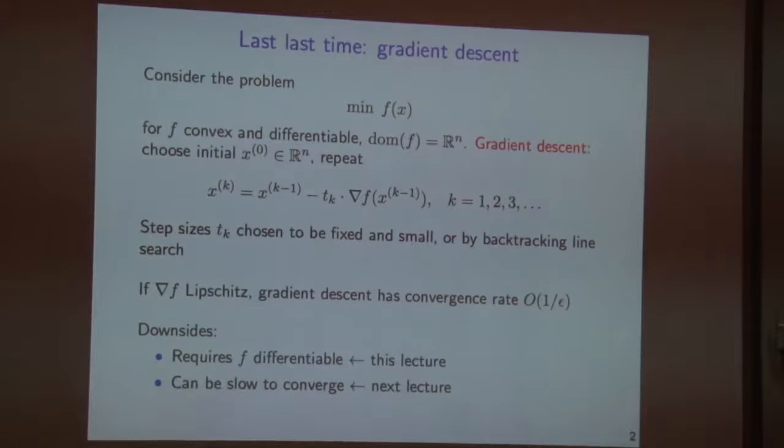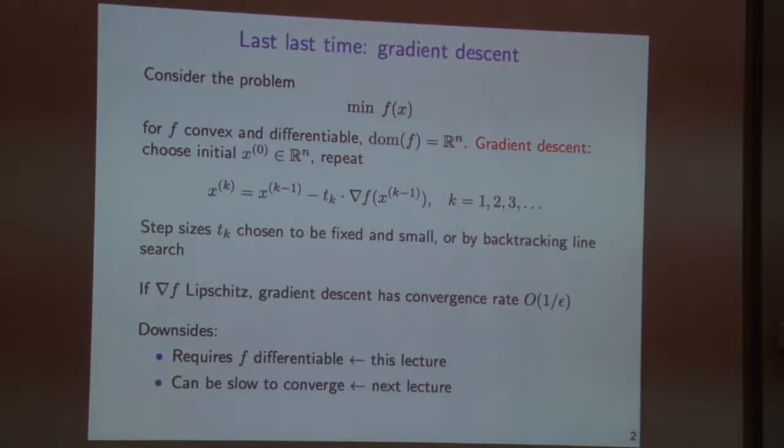Just remember, actually, not last lecture but the lecture before, the one that Mattia gave, Mattia covered gradient descent, which was an algorithm for minimizing a smooth convex function without constraints. And we assumed that this function has domain all of Rn.